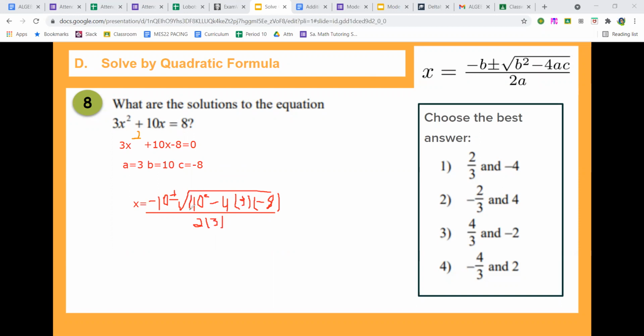And I always like to put parentheses around my B squared, because if B is negative, we want to make sure that if we're doing a calculation, the calculator is programmed correctly.